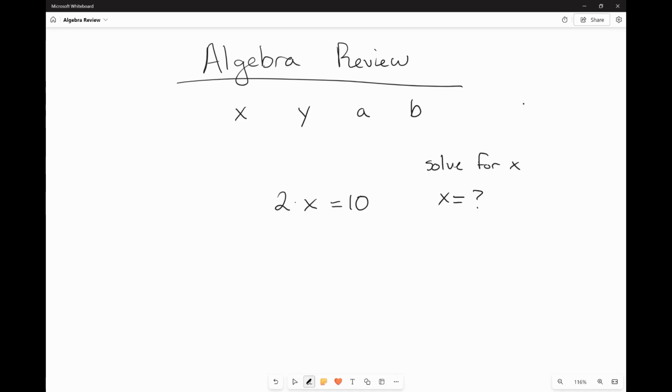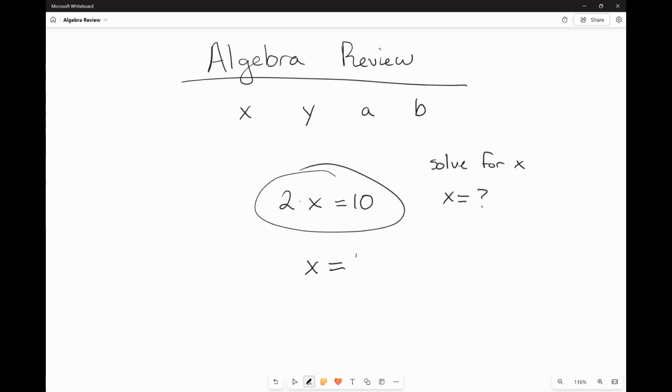That means we want to rearrange the equation in such a way that x is on its own side, and whatever's on the other side is what x is equal to. That's typically what we're going to use algebra for: using the tools of algebra to help solve equations for the value of a particular variable.